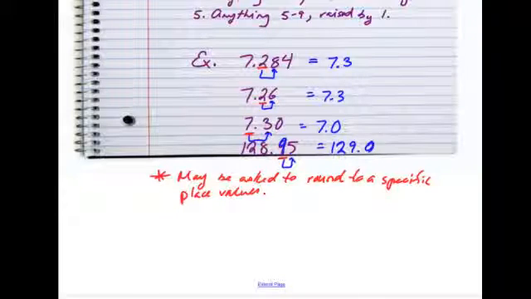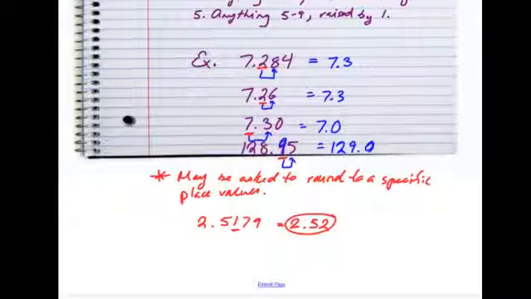For example, if you solved a problem and your answer was 2.5179, but I asked for all answers to be rounded to the hundredths place, your true answer that you should write down is 2.52. And if you don't do that, then your answer would be considered incorrect. So please make sure you are reading directions from now on, especially on some little quizzes that are going to be coming up and your big assessments. Always look to see what you should round to.